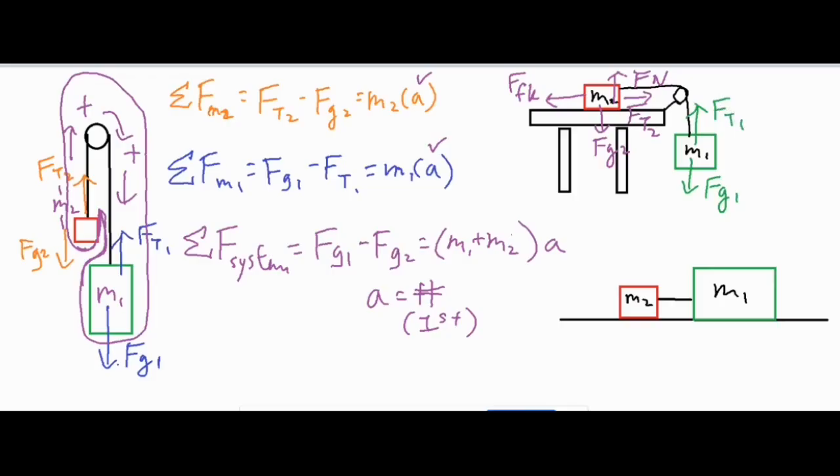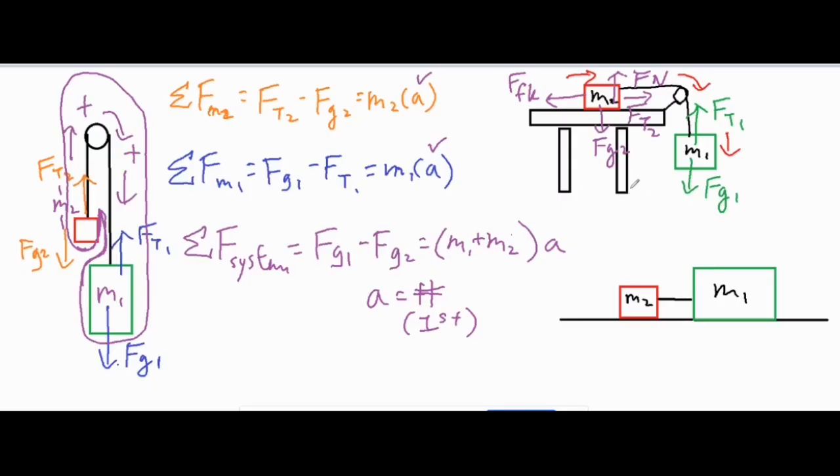Again, we can set up separate formulas for each one of these, and everything is going to be flowing in a certain direction, which is in this direction. So that would be considered positive.